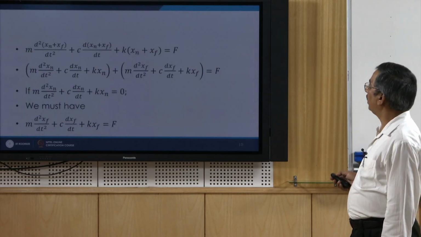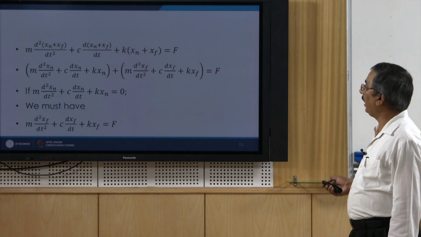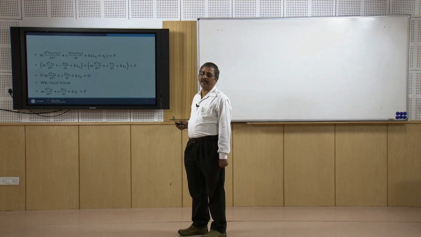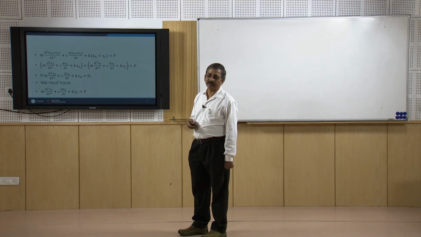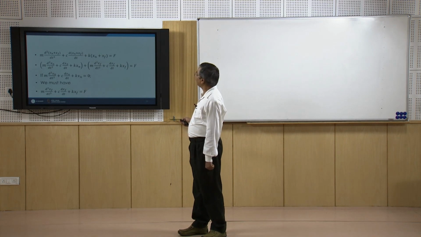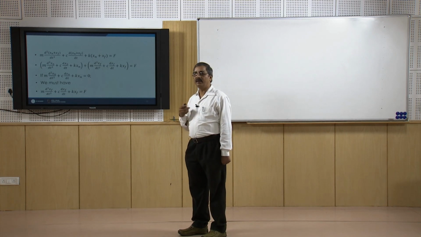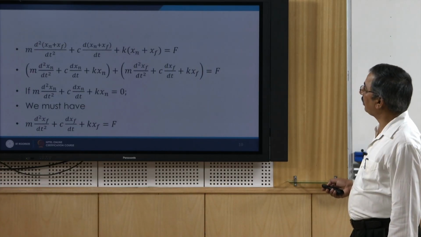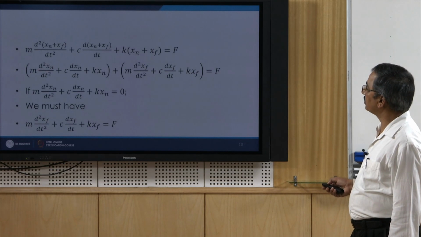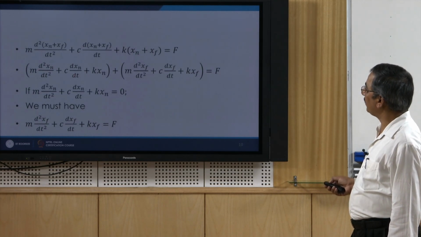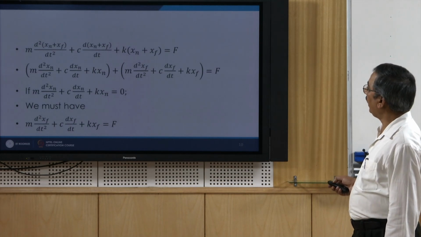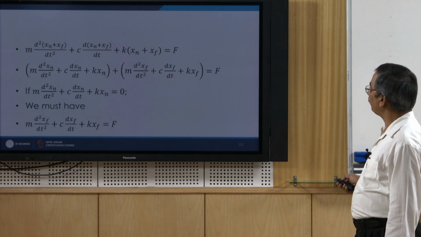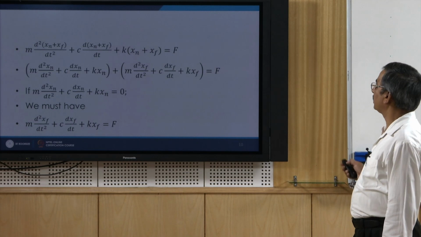Now, let us play with this equation a little. We segregate the terms related with xn, that is the natural response or the transient response, and segregate the terms related with xf, that is the forced response. So, from here this is what we get: m d square xn by dt square plus c dxn by dt plus k xn, this part here, and m d square xf by dt square plus c dxf by dt plus k xf is equal to f.